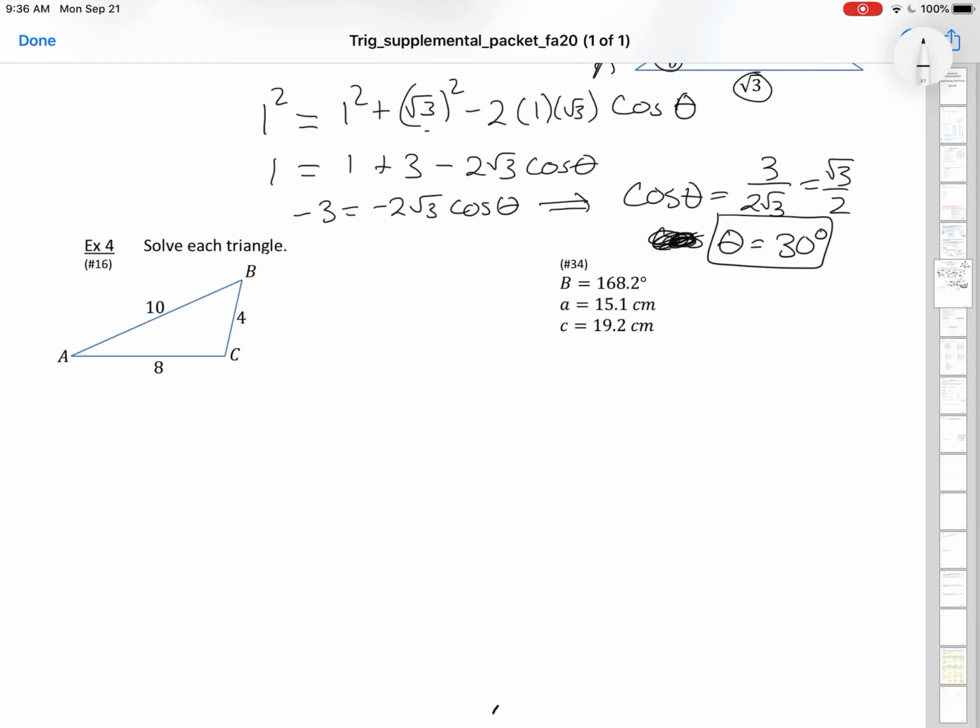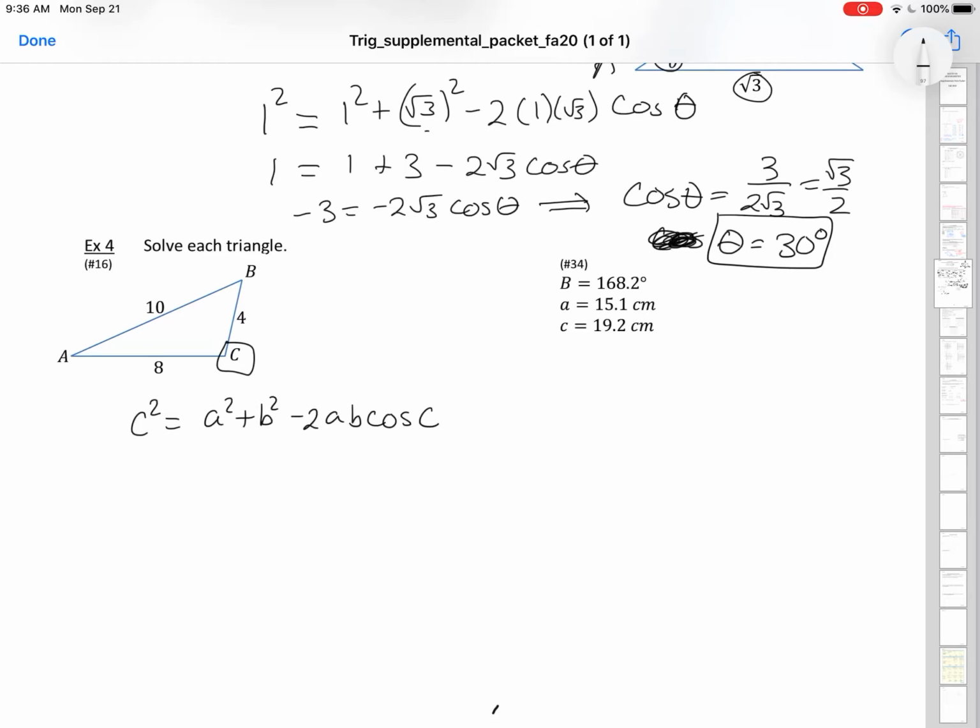We're going to say that c squared is equal to a squared plus b squared minus 2ab cosine of c. That's going to allow us to solve for that angle right there. Now, it's always best to solve for the biggest one, because if it's going to be over 90 degrees, we'll figure it out here.